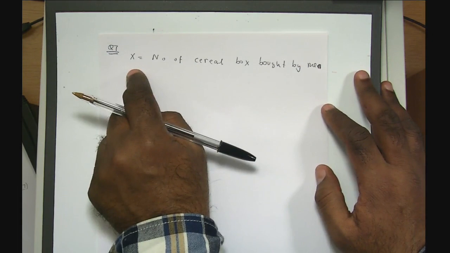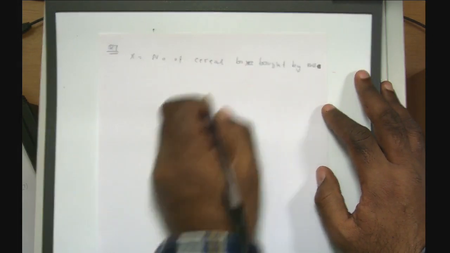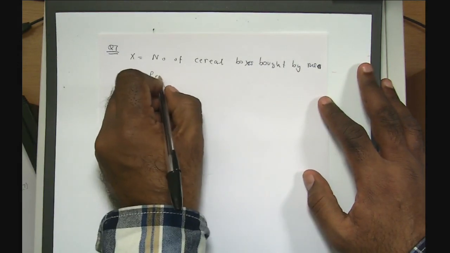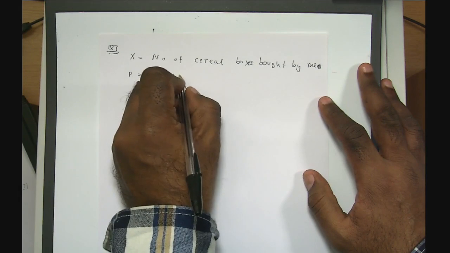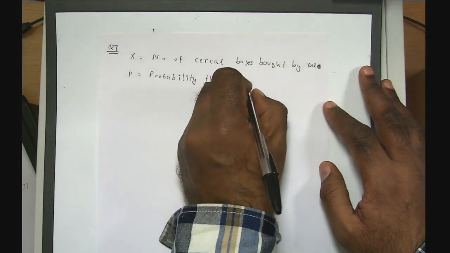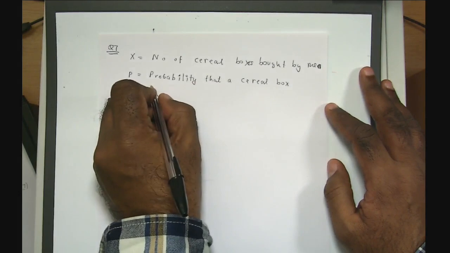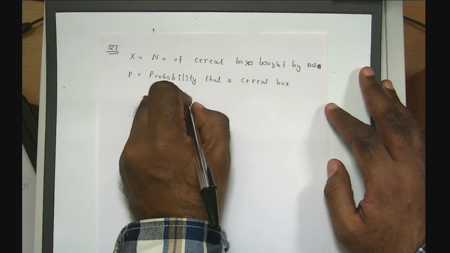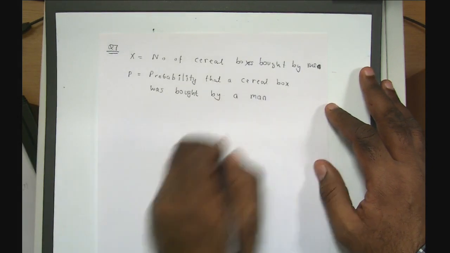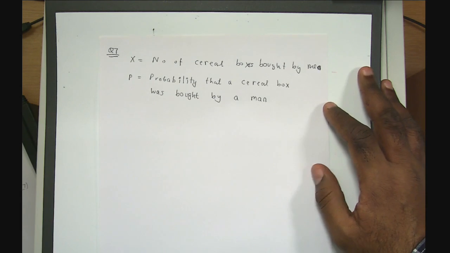The variable x was the number of cereal boxes bought by men, and p is the probability that a cereal box was bought or purchased by a man.